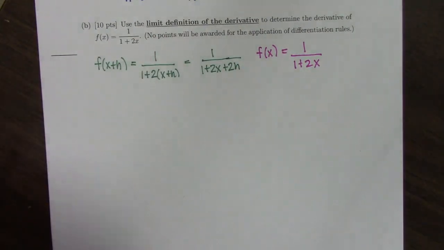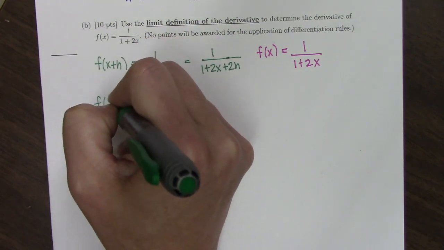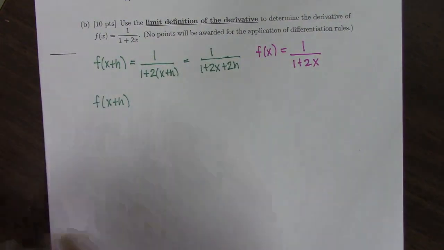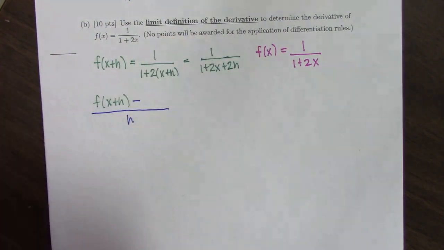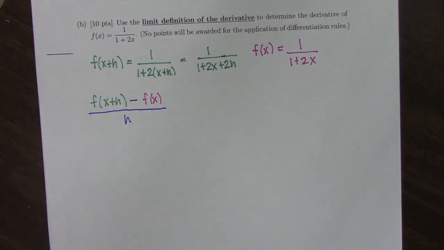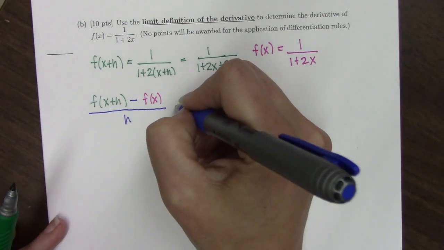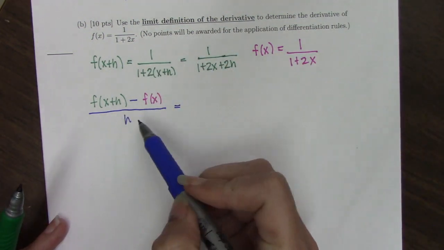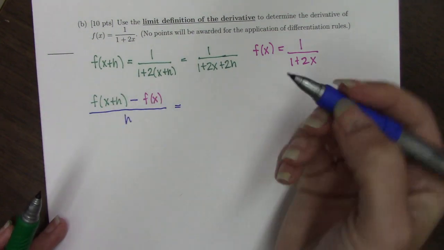So f of x plus h minus f of x all over h. When you're dividing by h with rational expressions, that is the same thing as taking the numerator and multiplying it by 1 over h.